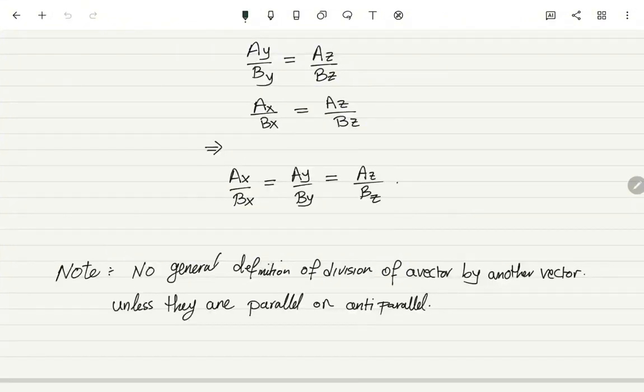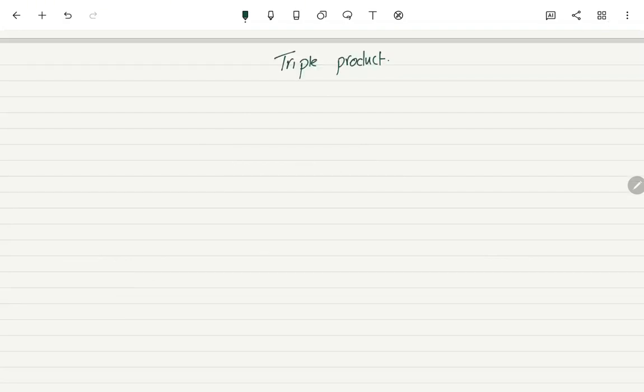Now let's move to triple product. In triple product, let's start with triple scalar product. For instance, D equals A dot B cross C. In this case, there is no need to include parentheses because B cross C is a vector quantity.